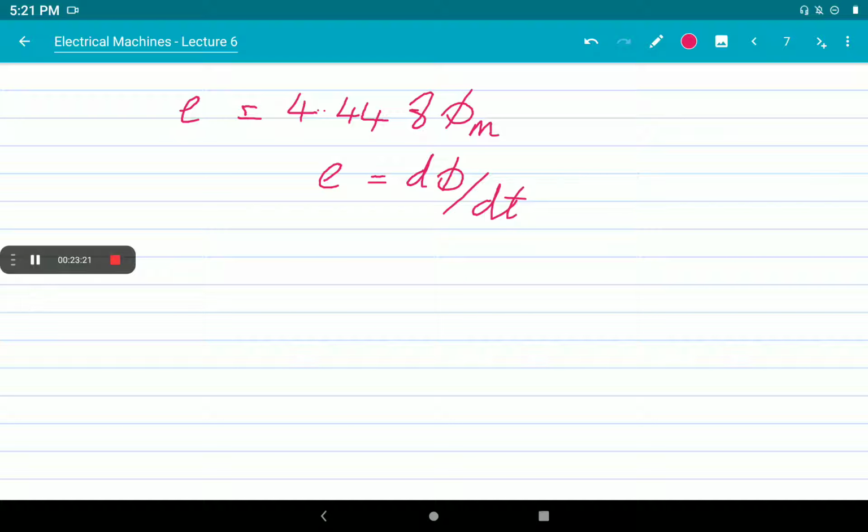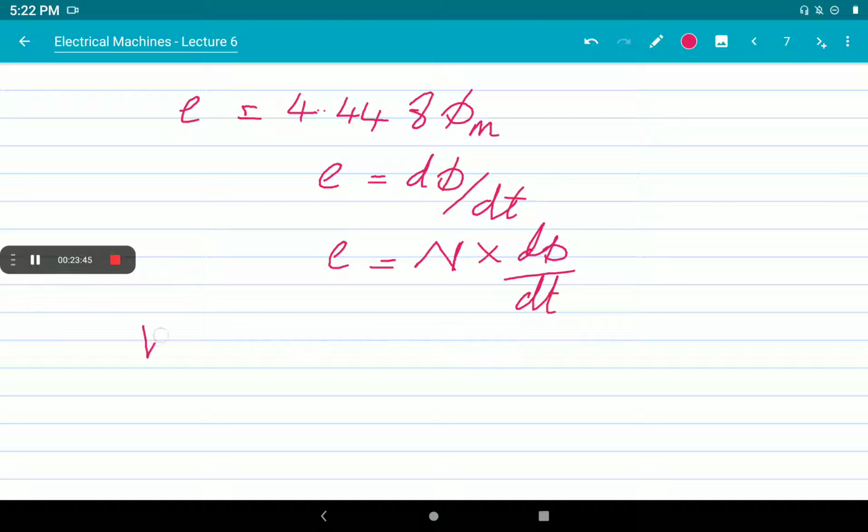But if we talk about N number of turns in the primary winding, we have to consider the number of turns also. For N turns, the induced EMF is N into d phi by dt. So we have to consider the number of turns also.